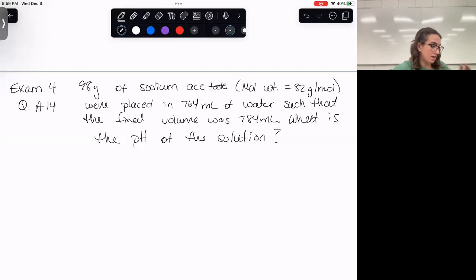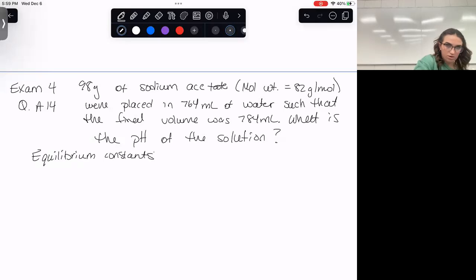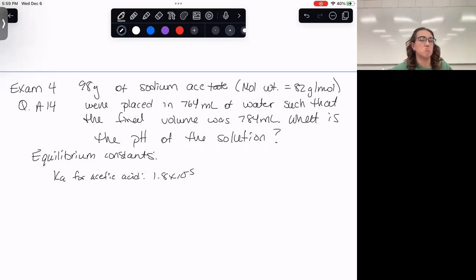The big thing to note with this question is that at the top of your exam, you're given this one. This is the only time you see acetic or acetate anywhere.